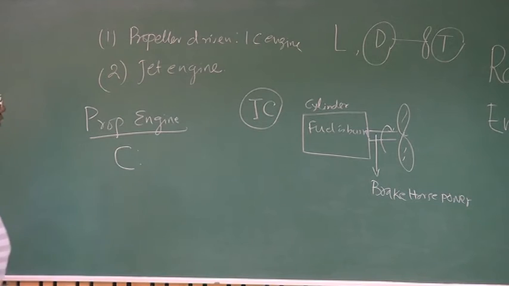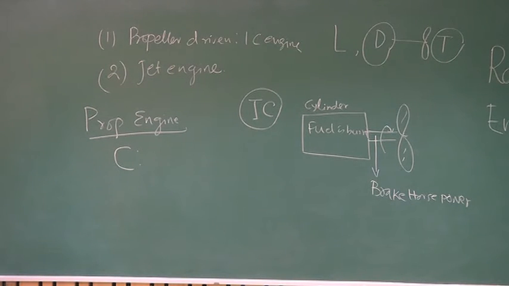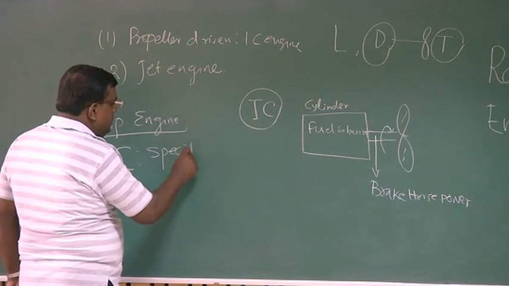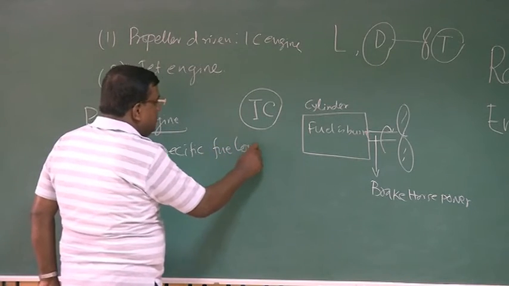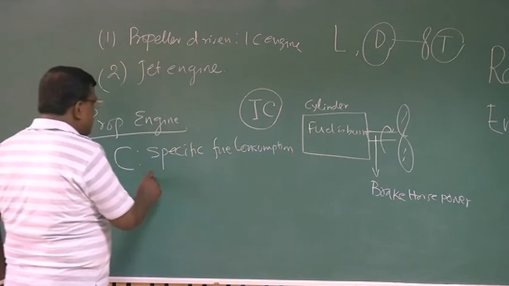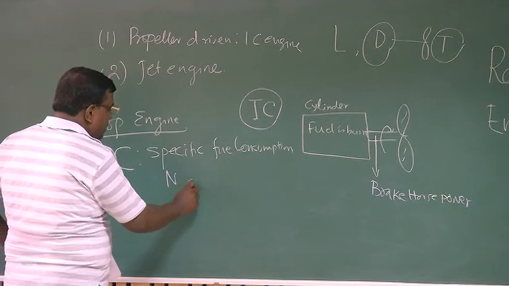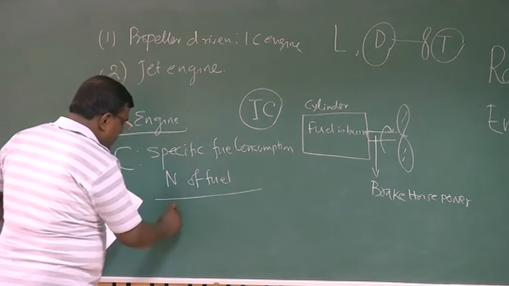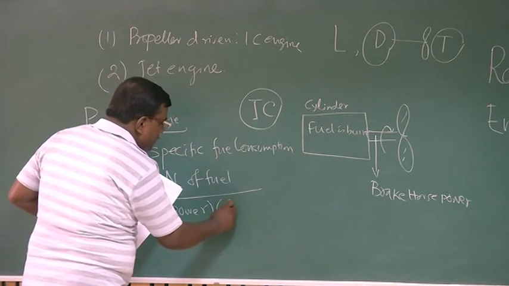If this is the understanding, then we need to understand something about fuel consumption. We represent it by C, which we call specific fuel consumption. Typically, this is defined as Newton of fuel consumed per unit power per unit second.